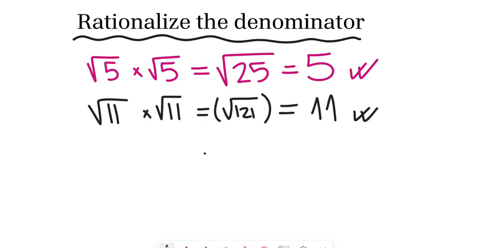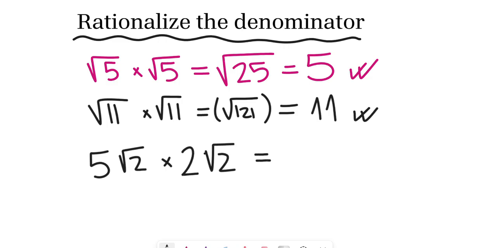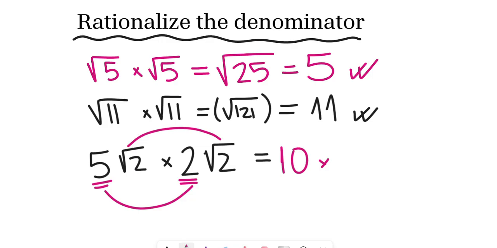Or if we have, for example, 5 radical 2 multiplied by 2 radical 2, keep in mind that we multiply number by number. So 5 multiplied by 2 is 10. But then we have radical 2 by radical 2, that is equal to radical 4, which is basically equal to 2. So 10 multiplied by 2 is 20.